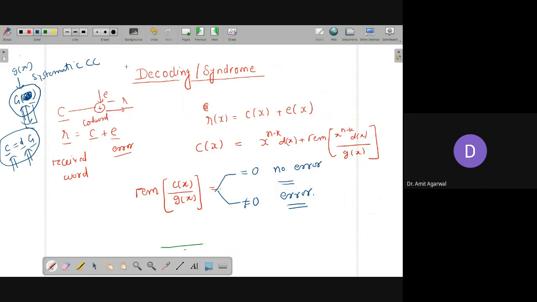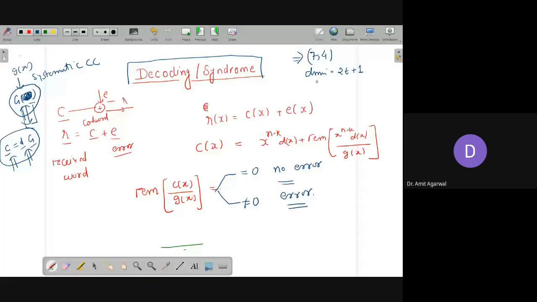Now the question is, how will these cyclic codes correct 1-bit error? Because you remember the 7,4 code can correct how many bits? We have to first see d min is equal to 2t plus 1. And because we have already seen that d min is 3 for this case, so t is 1.